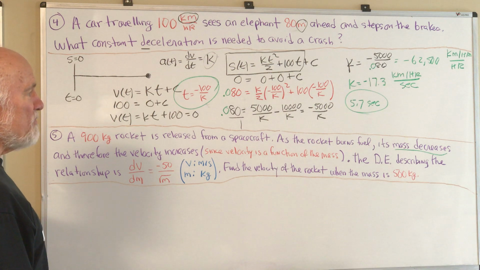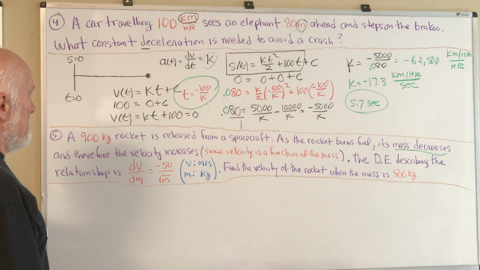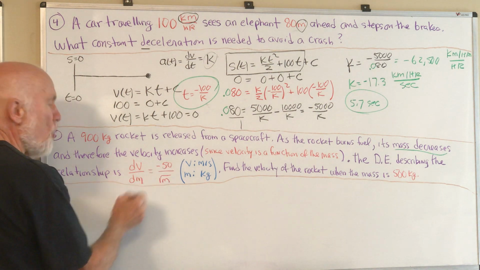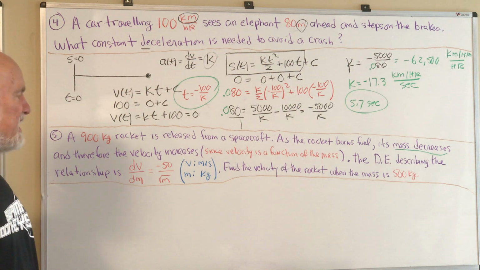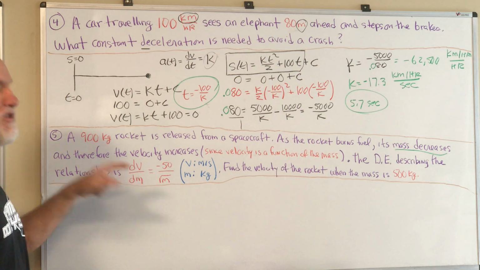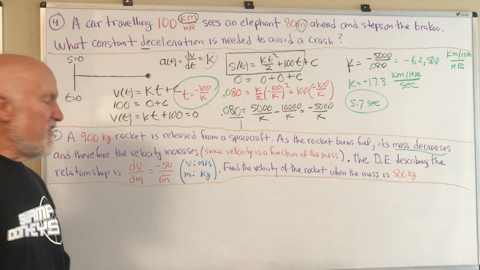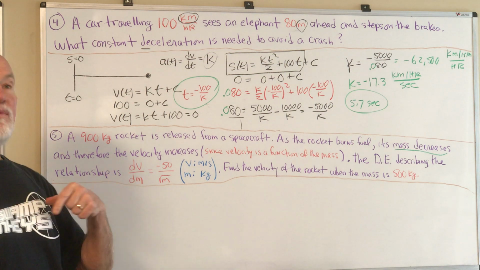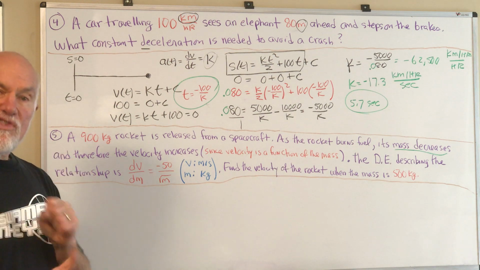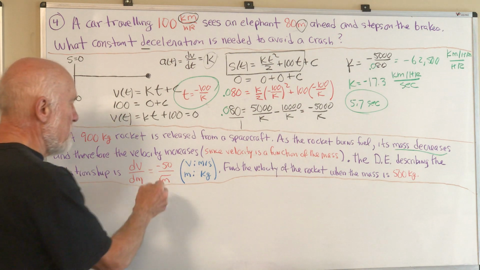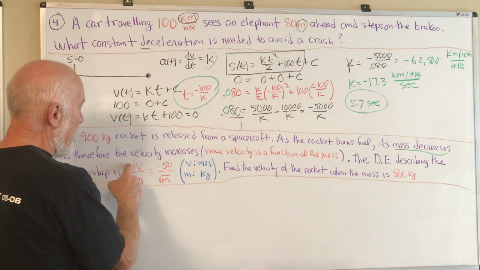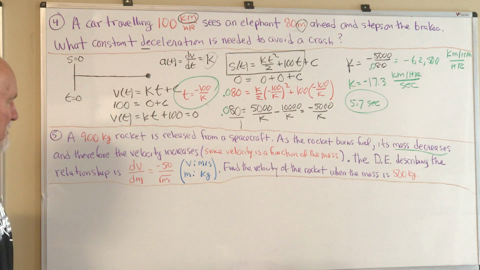Now, this isn't something you'd have to know, but they know something about the rate of change of the velocity with respect to the mass. They don't have an actual function that tells you the velocity is a function of the mass, but they know there is that relationship. They do know something about the rate of change of the velocity with respect to the mass.